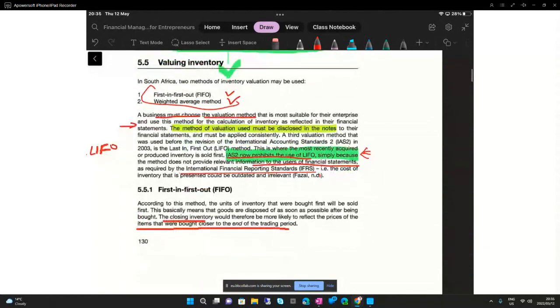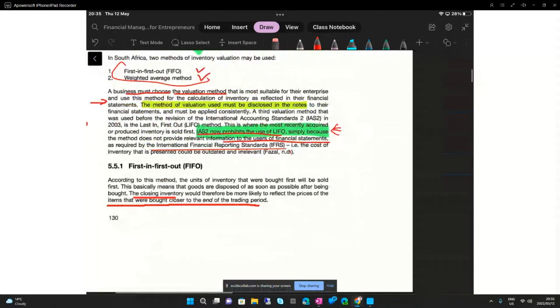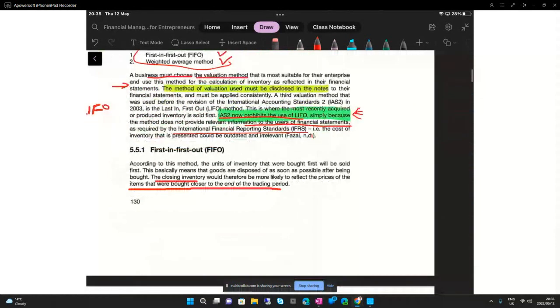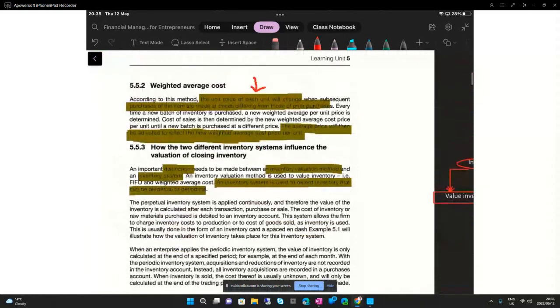There is a difference between these and systems, and you will see that. For weighted average cost, the unit price of each unit will be determined by doing an average.